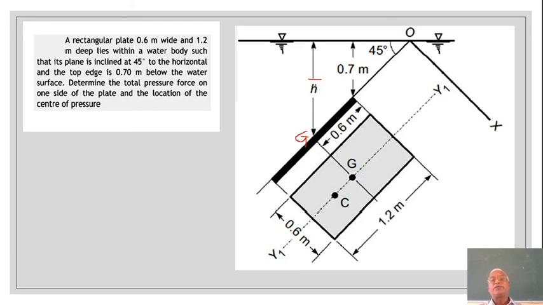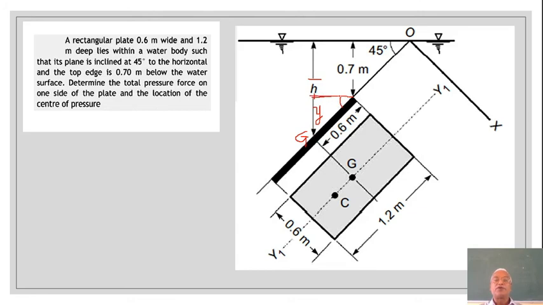Now, how to find out h bar? Obviously, it is 0.7 plus this additional distance we want. So, if I just show this vertical distance as y, h bar will be equal to 0.7 plus y. Now, how do you calculate y? Because we know this as 0.6 and this angle as 45, right? If the angle is something different, accordingly we have to use. Now, what is the relation between opposite side and hypotenuse from this triangle?